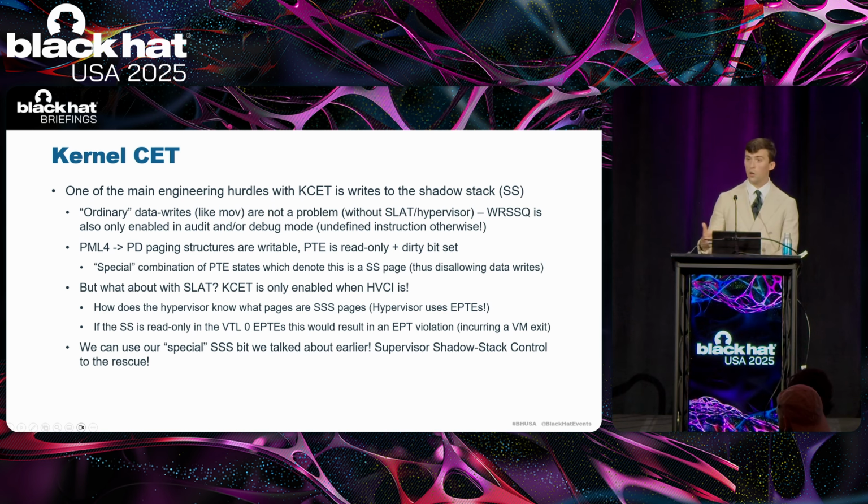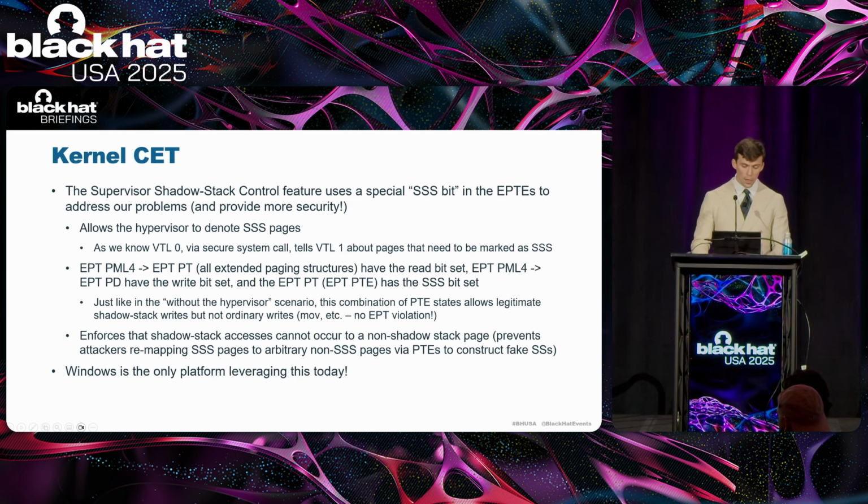So we use what's called the supervisor shadow stack control feature to help with this. So there's a special supervisor shadow stack bit, which I talked about, set in the EPTEs for VTL0. So NT lets secure kernel know, hey, this is a shadow stack region of memory, and then that is passed on to the hypervisor, and that's where the read-only permissions and supervisor shadow stack permissions are set.